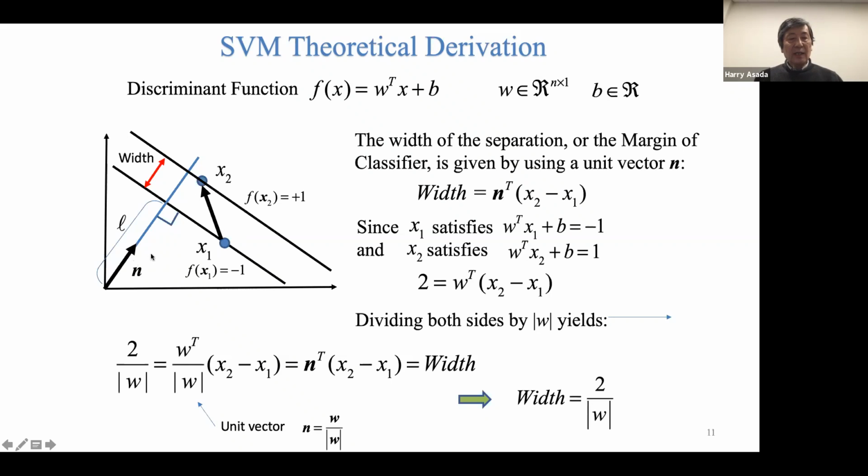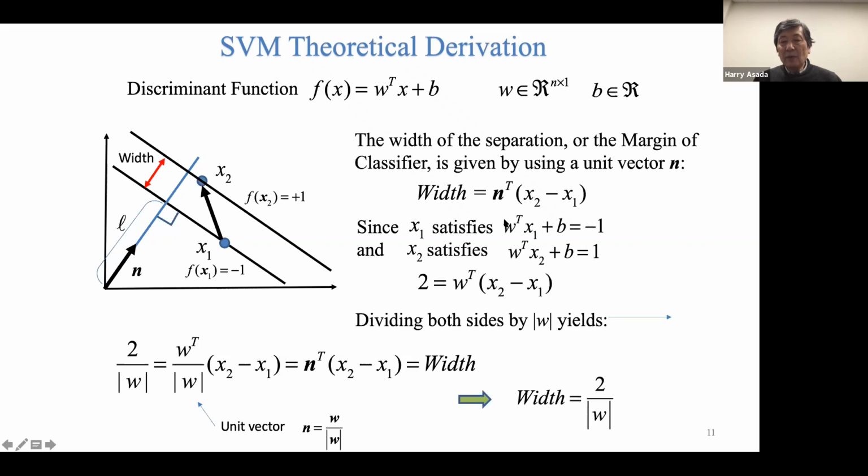If you take the inner product between the two, x2 minus x1 times n, that inner product indicates this width, right? Now, since these two points are on the borderlines, as we defined, we make f(x1) to be -1, and for x2 the discriminant function is +1, right? And that's the way we define the scale.